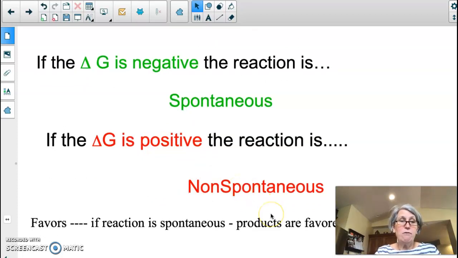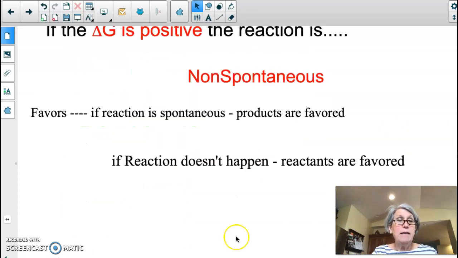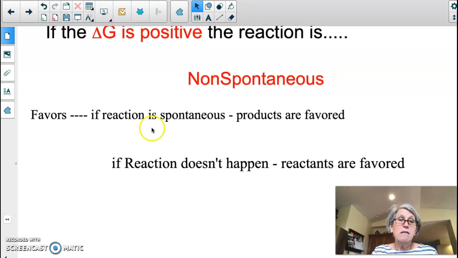What does it mean when a reaction is favored? If the reaction is favoring the products, that means the reaction is spontaneous. If a reaction doesn't happen, it means the reactants are favored.